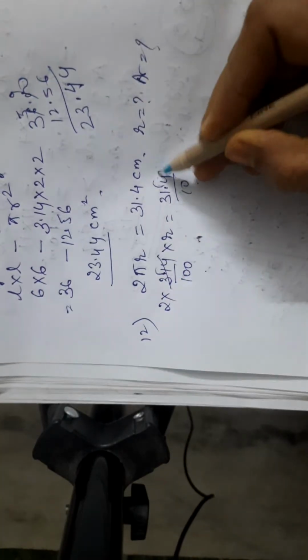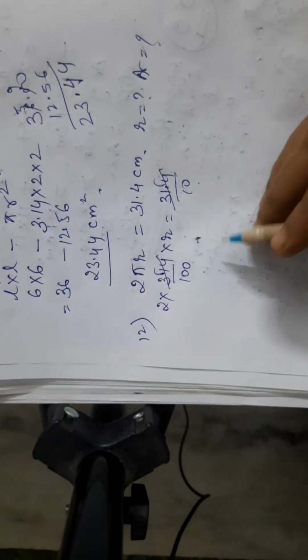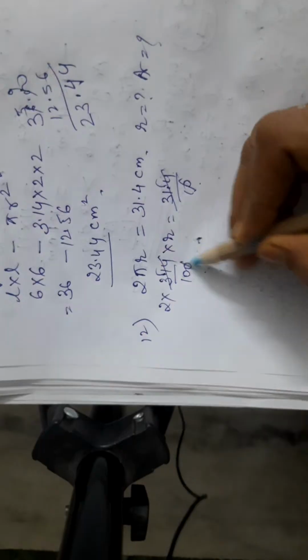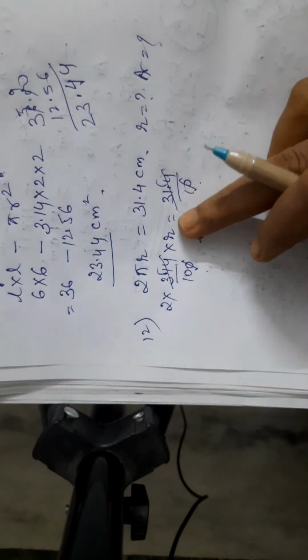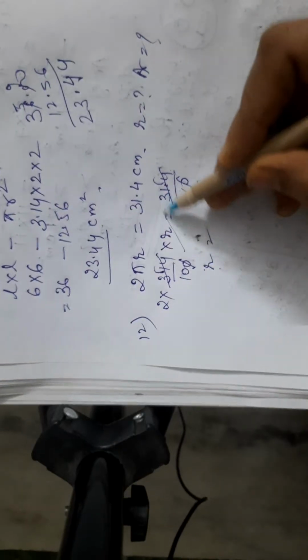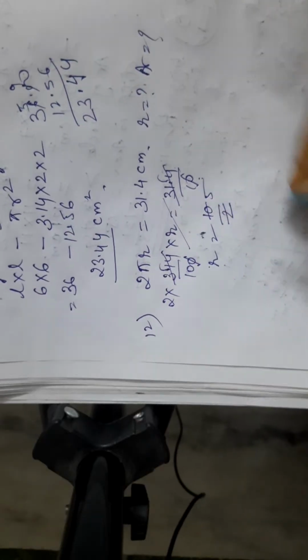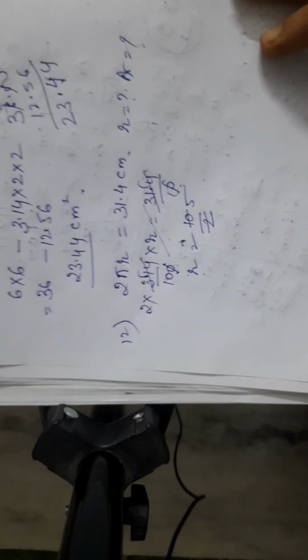Now 3.14 will get cancelled. So 314 got cancelled. Now out of 10 also 1 0 got cancelled. Now have the cross multiplication. R is equal to 10 will move to the numerator and 2 is in division. So thus it is 10 upon 2. So it's 5. We got the value of the radius as 5.